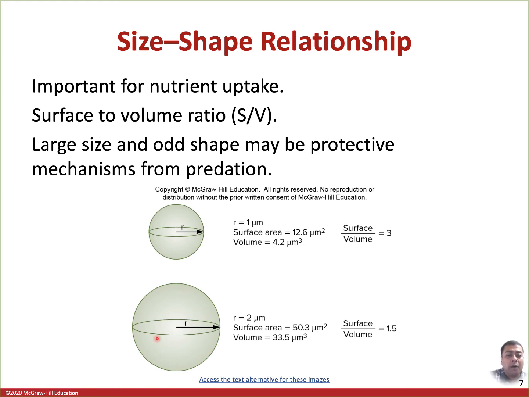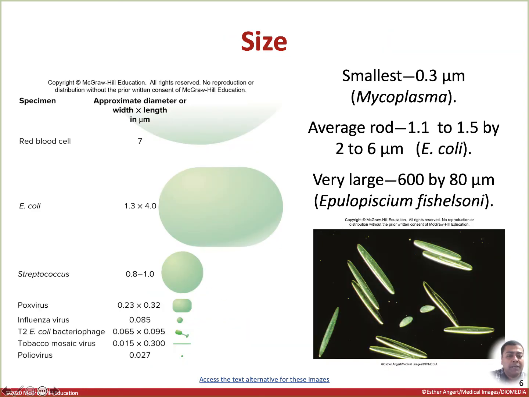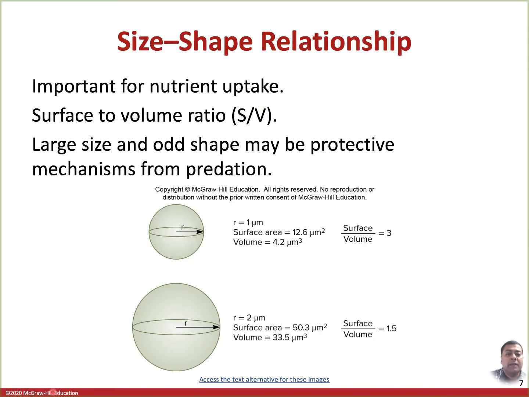The problem is that they have to compromise on nutrient uptake, but this bacterium that we saw, E. fishelsoni, actually circumvents this because it has invagination of the plasma membrane under the cell wall to increase the surface area for absorbing nutrients from the environment.